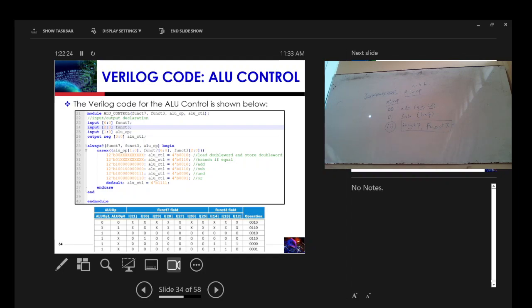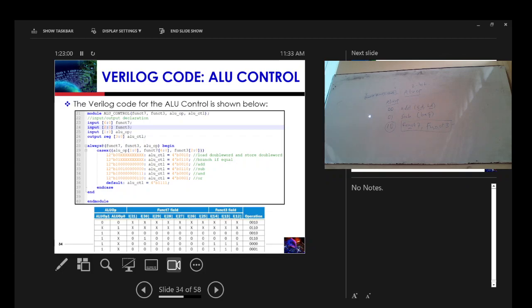So I use casex. The casex just means it accepts inputs 1 or 0, and they don't care about X. So casex on ALUOp, bits 1 to 0, funct7, bits 6 to 0, which is 7 bits, and funct3.